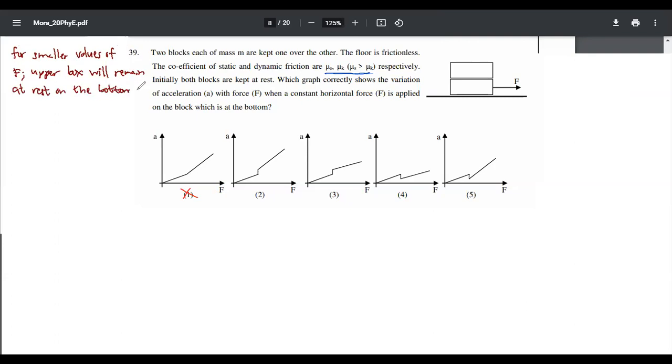What's the reason? Because the limiting condition is not yet reached. Limiting condition is not reached. So for smaller values, this is how the system is going to look like.